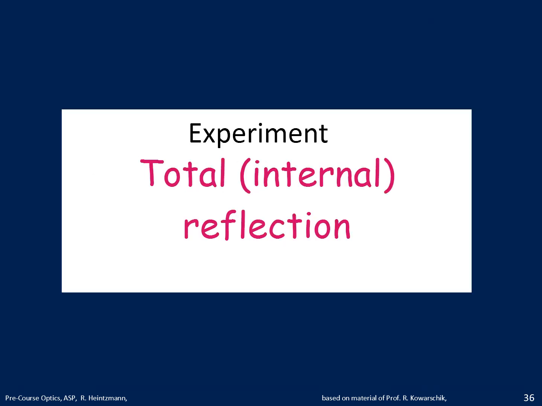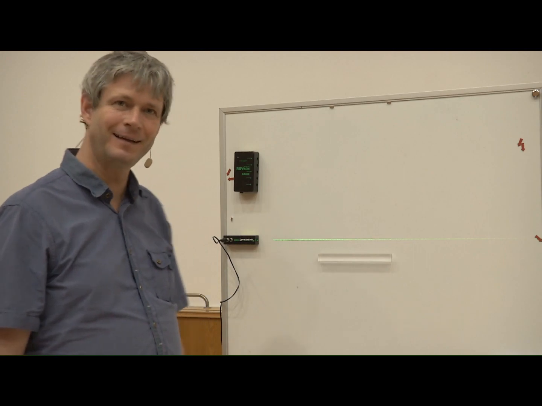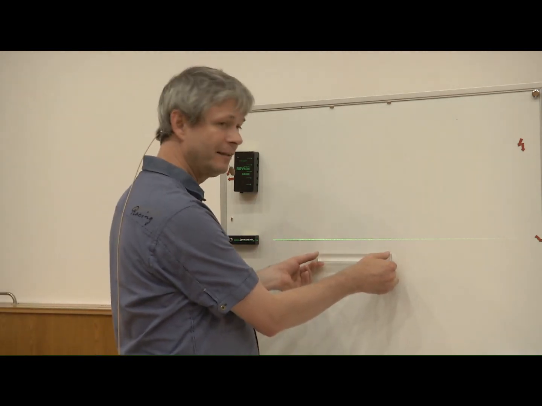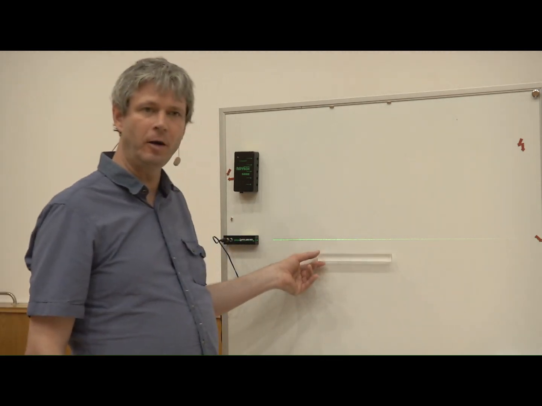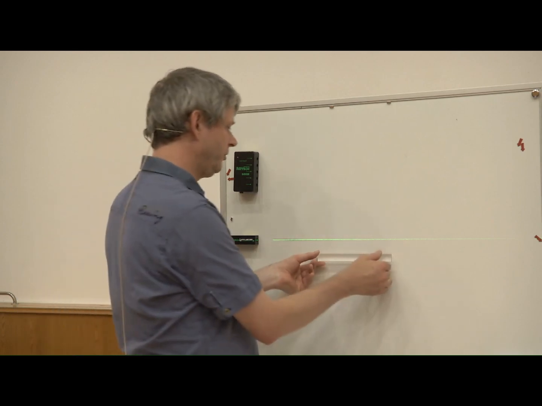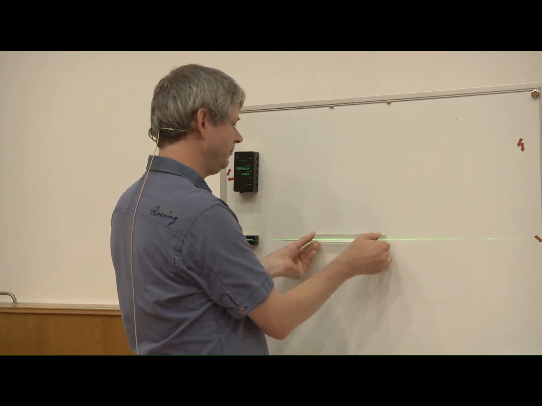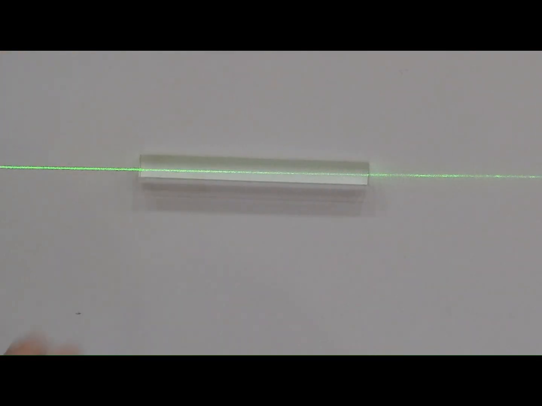So we are going to continue with another effect that has to do with reflection, but a very special kind of reflection that's called total internal reflection. Well, look at the experiment. Here I have a rod of glass, which is a model for an optical fiber. If I put it into the beam, of course the beam goes straight through.